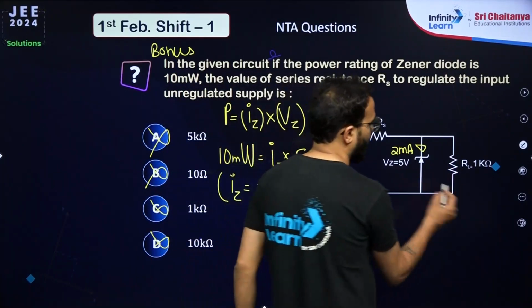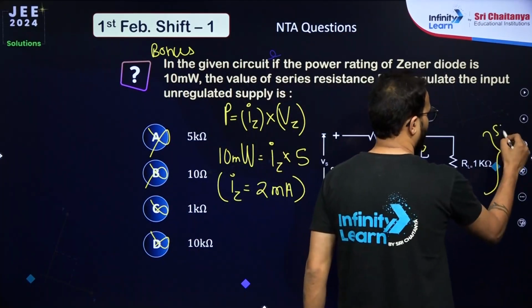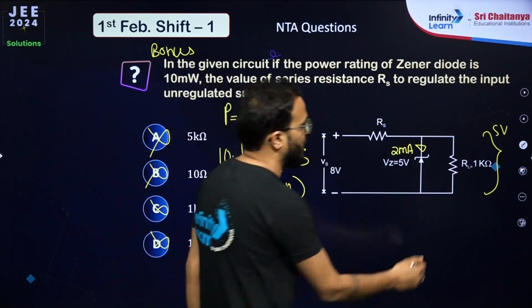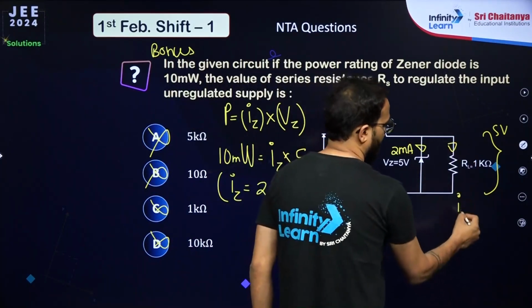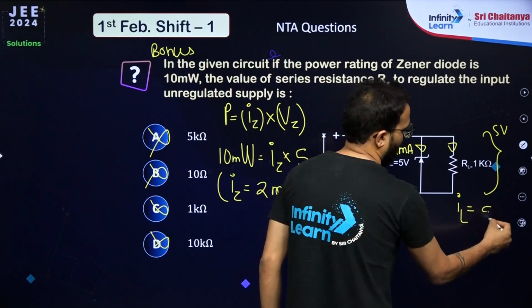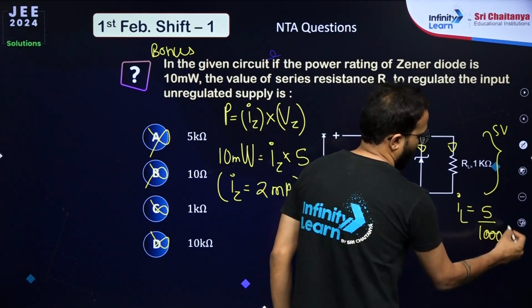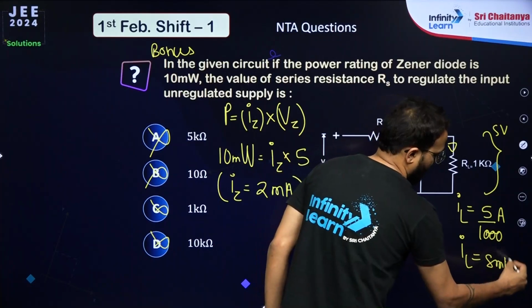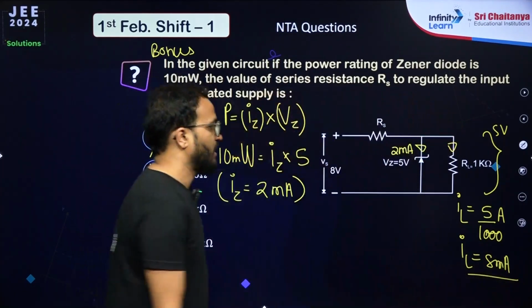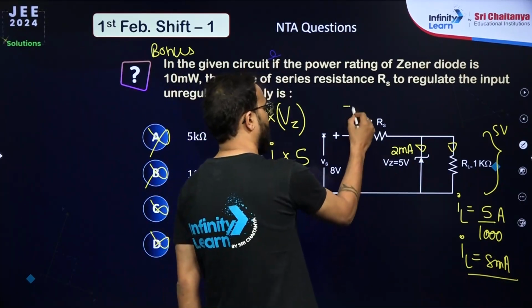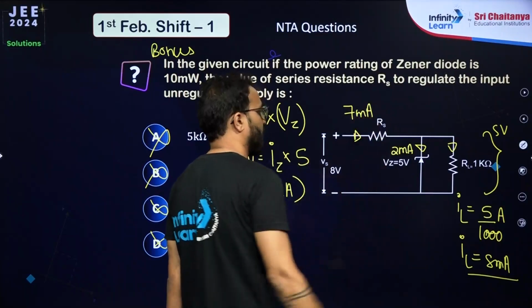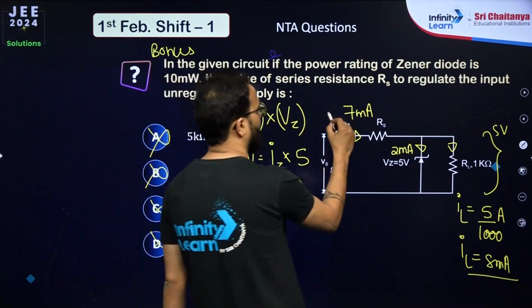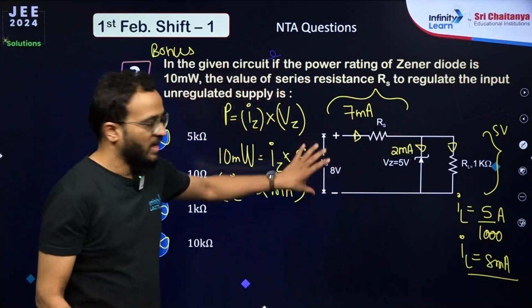So here if it is 5 volts, this will also be 5 volts, right? This is 1 kilo ohm. So what is the current here? IL will be how much? It will be 5 by 1000 ampere, so IL will come out to be 5 milliampere. Is that okay? So how much is this current? 7 milliampere. Do you understand? The current will be 7 milliampere, and how much voltage here? This is overall 8 volts.